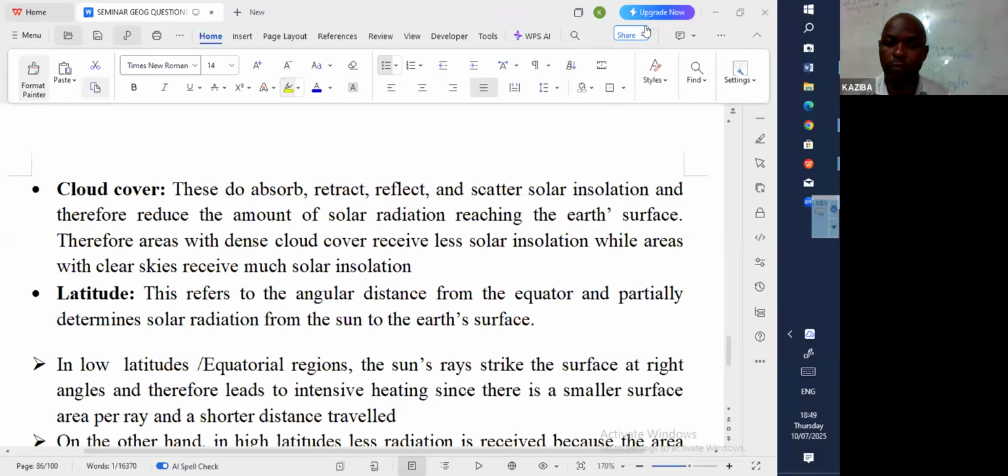For example, when we go to climatology, there are those numbers on rainfall, factors influencing rainfall. Now, these numbers can say, distinguish between convection rainfall and relief rainfall, explain the factors influencing the formation of rainfall. Once you know the factors of climate, you can do rainfall.